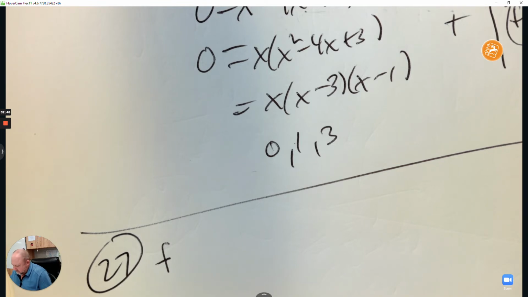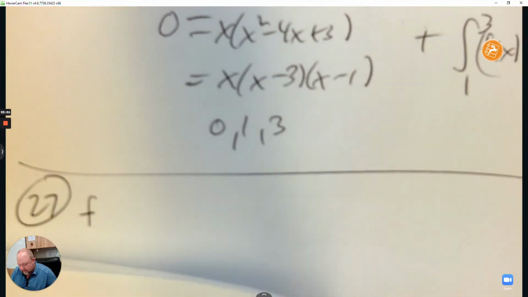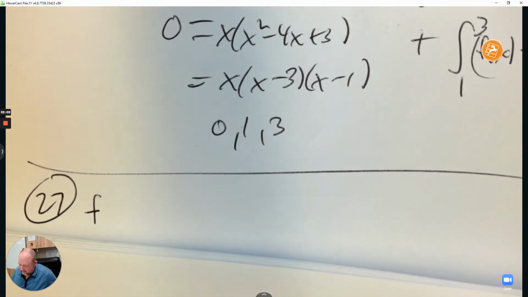So I think, okay, is it 1, 2, 1, 3, 1, 4? Which one is it? 1, 5? There's the limit. So I look, okay, 1, 4 is the limit definition of a derivative. What's the alternate one that they're talking about?